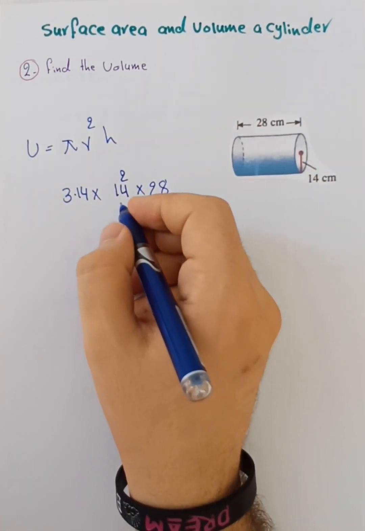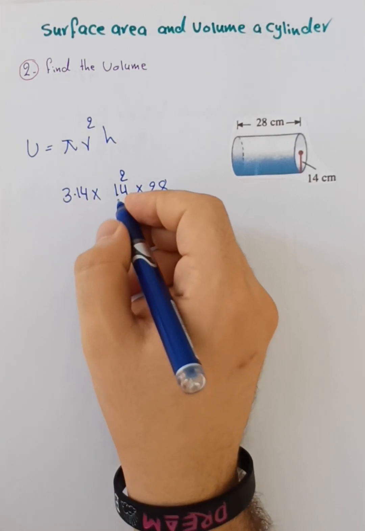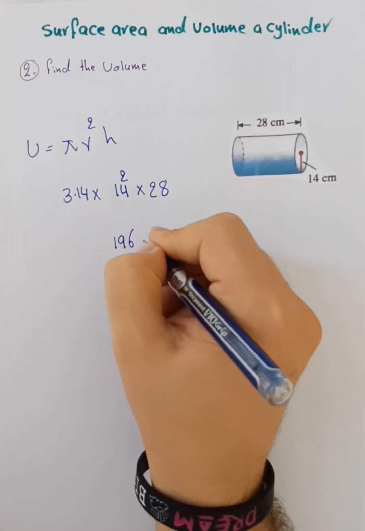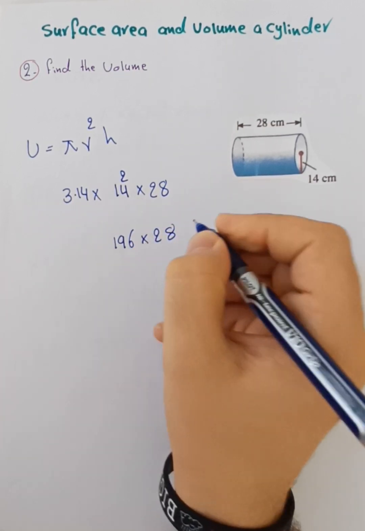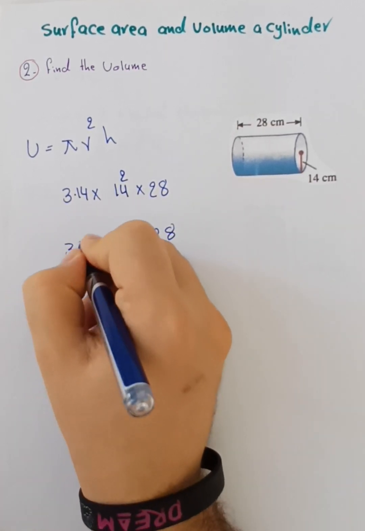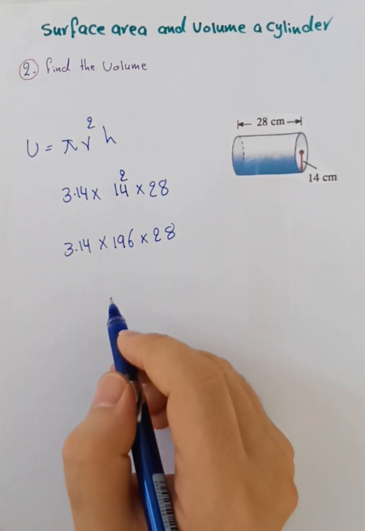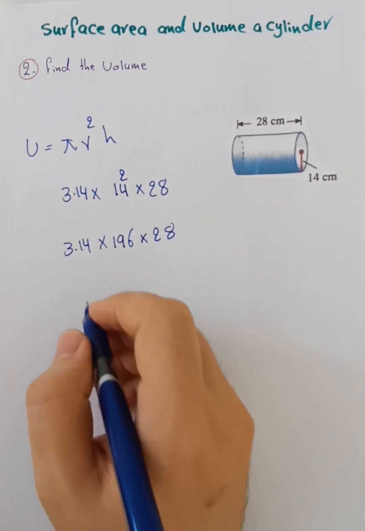After that, the value of the power, 14 multiplied by 14 equals 196, multiplied by 28 and then multiplied by 3.14.